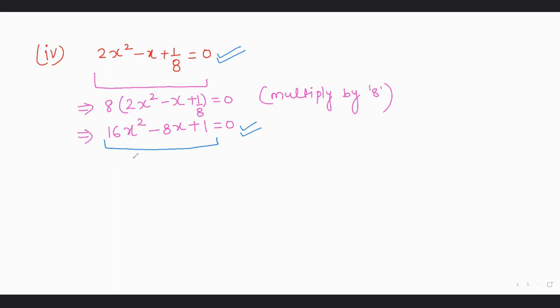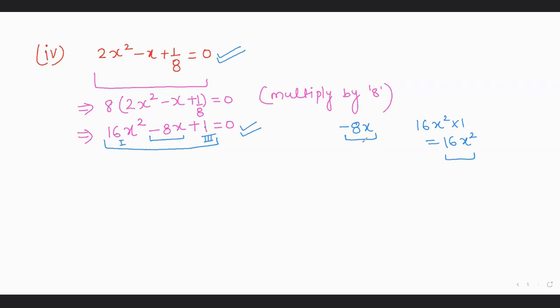And now our task is also easy to do the factorization, because you can see, student, we have the middle term minus 8x. The product of the first and third term is 16x square into 1, that is 16x square. So the first and last term product is 16x square, and the middle term is minus 8x.